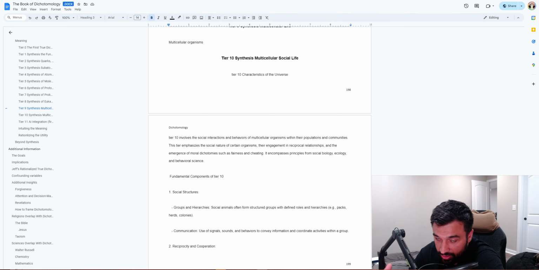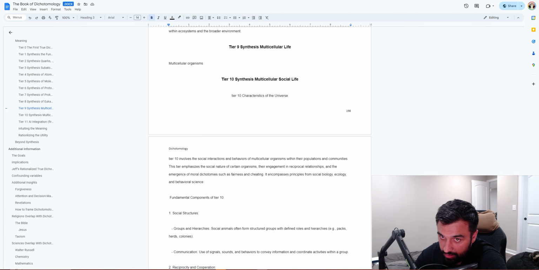But then we get into tier 10, which is when things get really complex. And the meaning of an association with it is, this is when religion and science and manipulating the world is possible. So a multicellular life on its own cannot create a society, and that means it cannot have distribution of labor. It can't have division of labor.